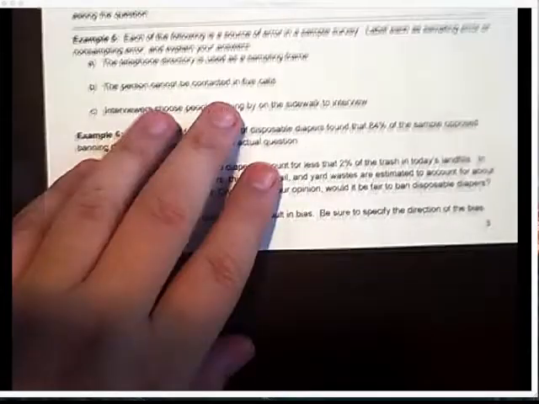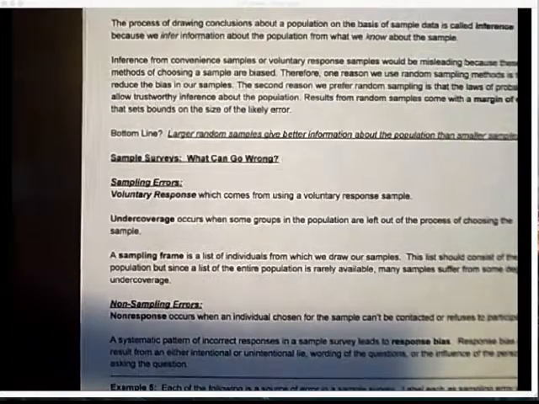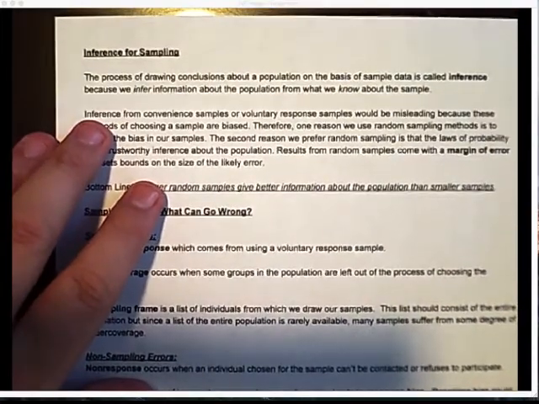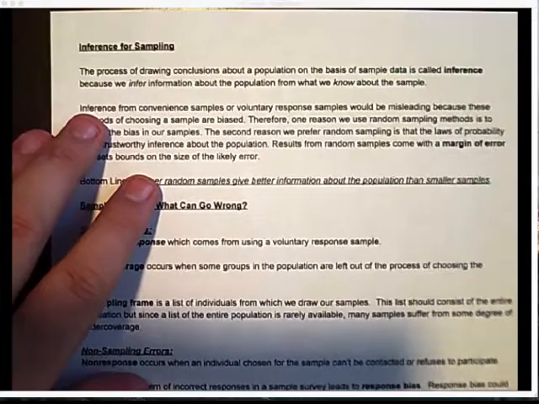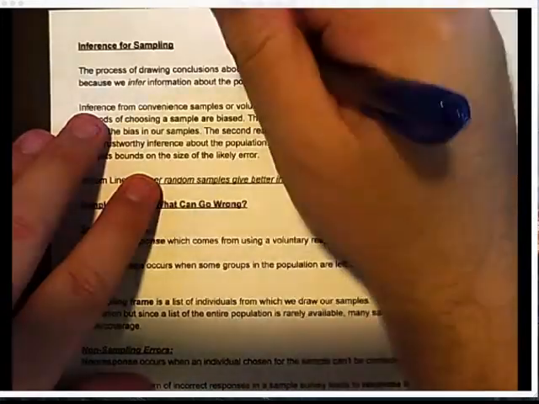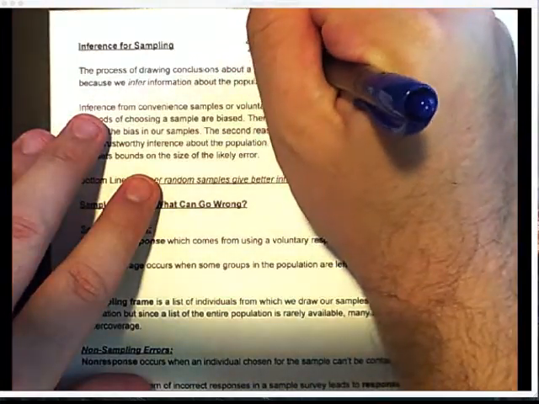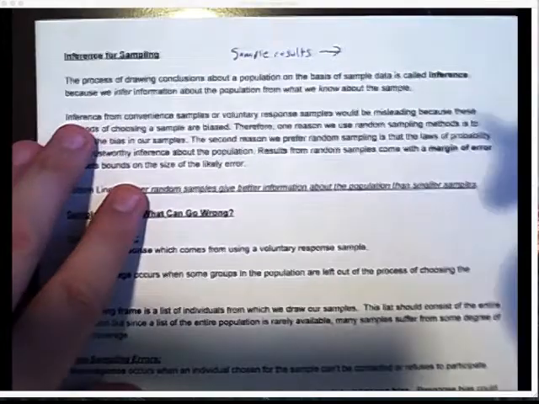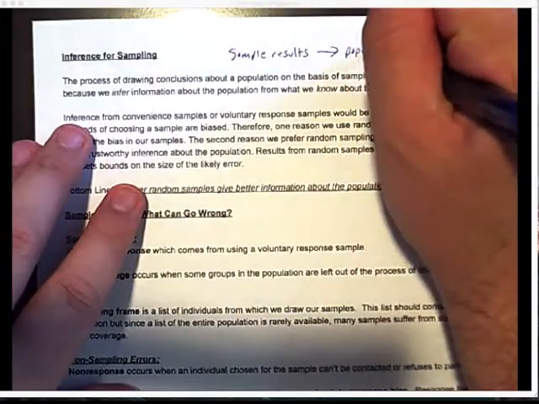All right, let's go to the last page of this section. Now, why do we do sampling? Why don't we just ask everybody? Well, like I said, it's too costly and it takes too long. So we're going to take a sample, get some results from the sample, and that's going to let us draw inferences about the population.